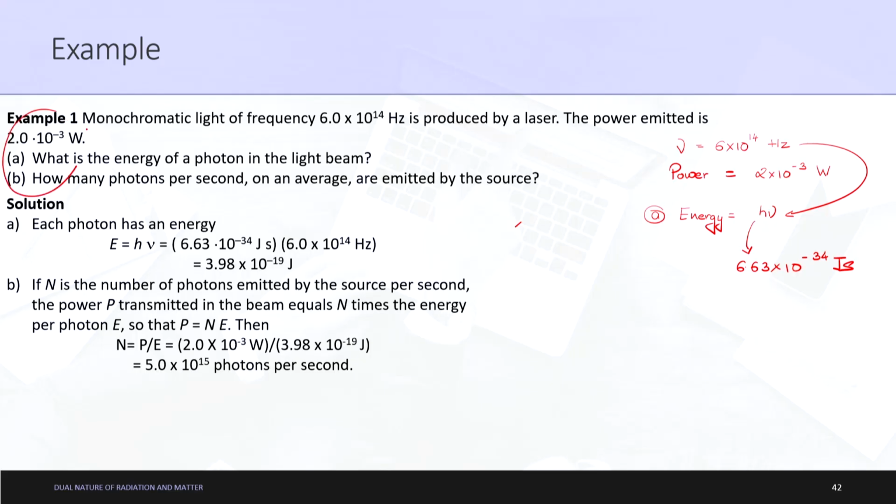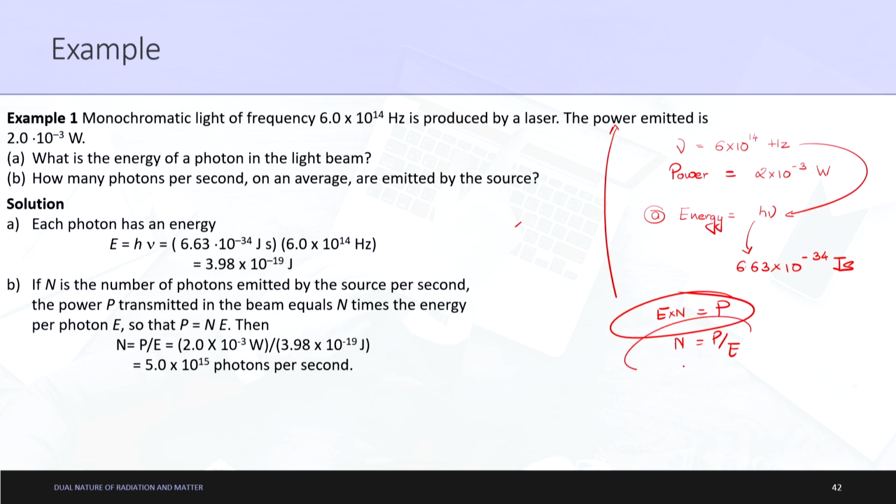When these photons add up, they give some amount of power, which is given in the question. So we multiply the E value by n, which gives the power. Since we know the power, we can find n, which is equal to P by E.